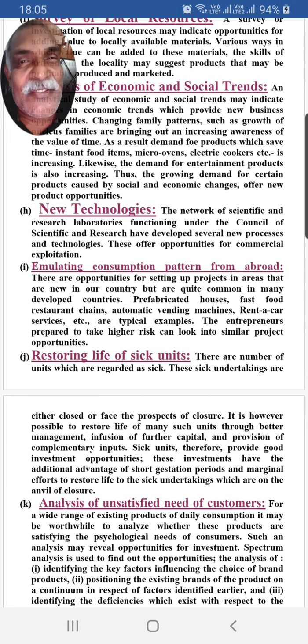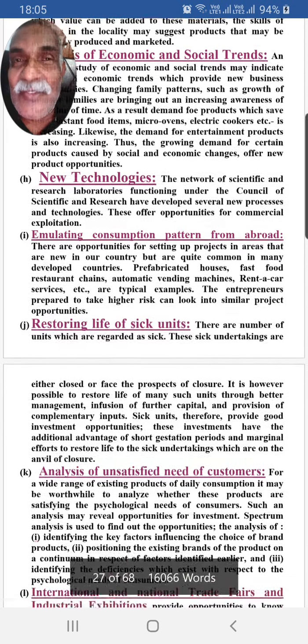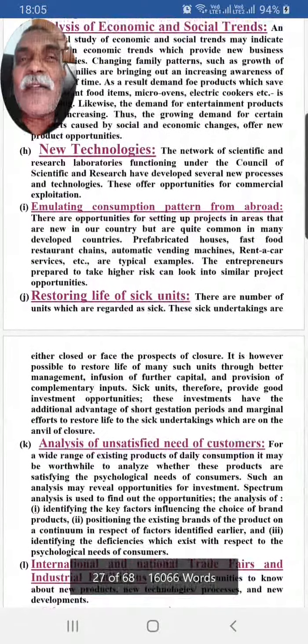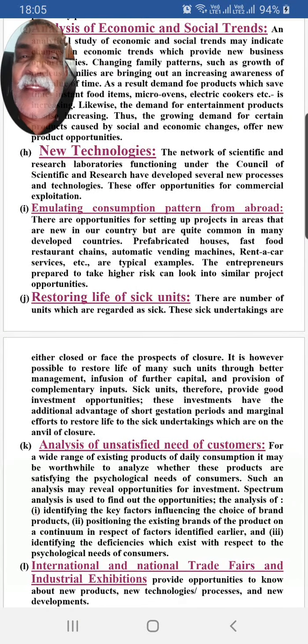New technologies. Yes, the network of scientific and research laboratories functioning under the Council of Scientific and Industrial Research has developed several new processes and technologies.